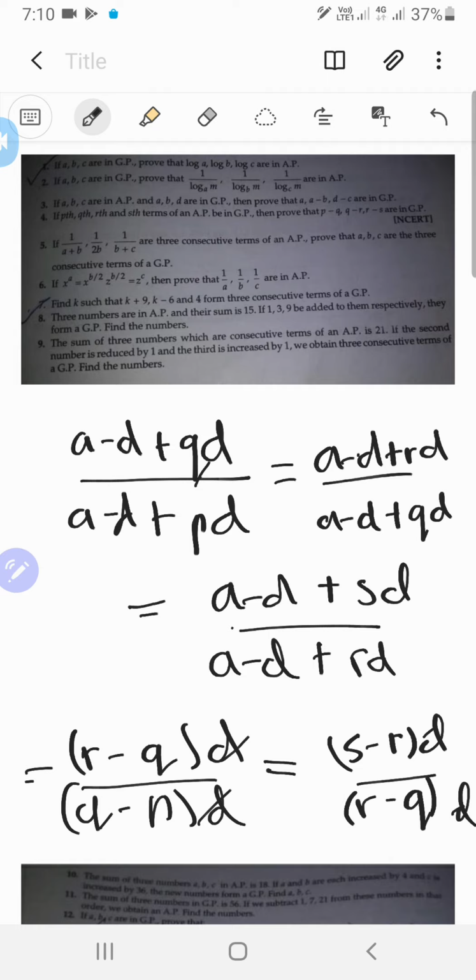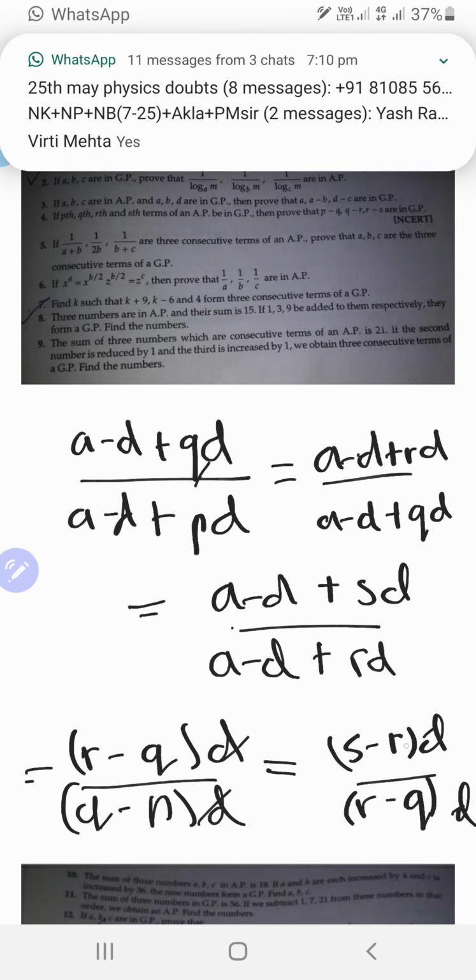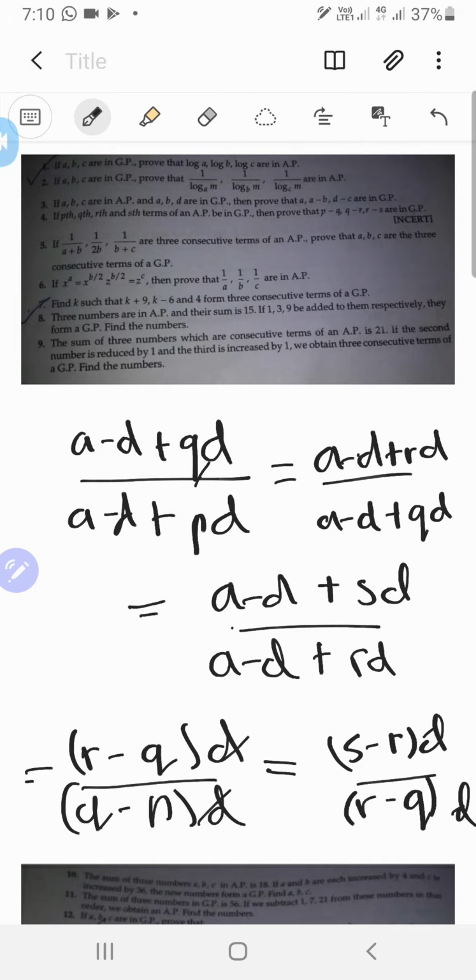So what do you get from that? r minus q upon q minus p equals s minus r upon r minus q. So q minus p, r minus q, and s minus r are in a geometric progression. Cool. And what we had to prove was p minus q, so just multiply by negative on numerator and denominator.